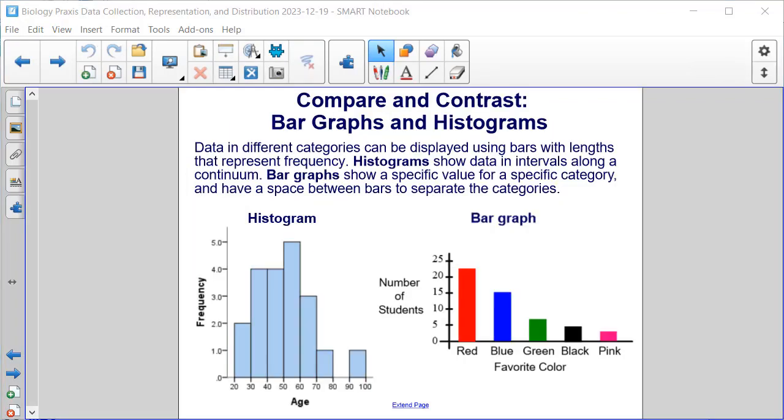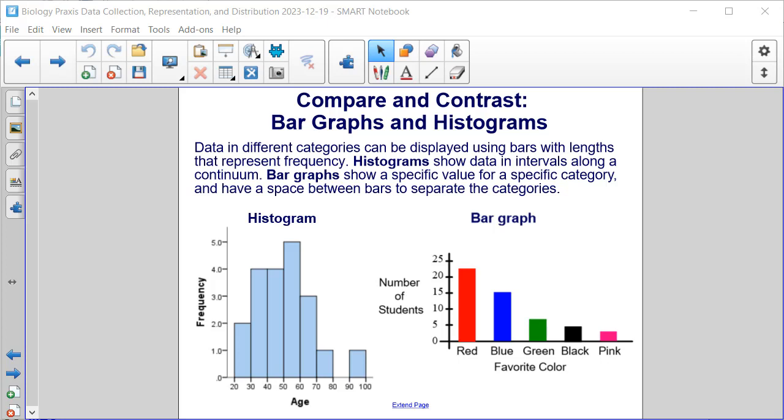Compare and contrast bar graphs and histograms. Data in different categories can be displayed using bars with lengths that represent frequency. Histograms show data in intervals along a continuum. Bar graphs show a specific value for a specific category and have a space between bars to separate the categories.